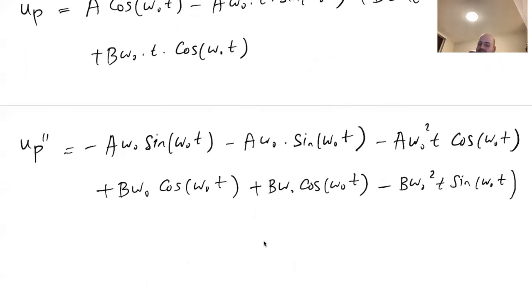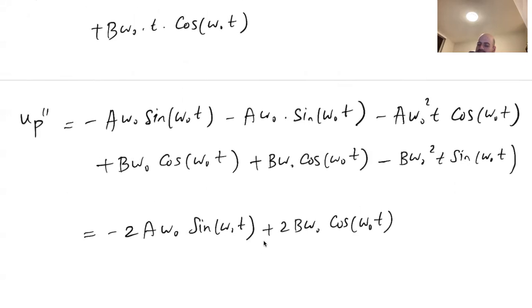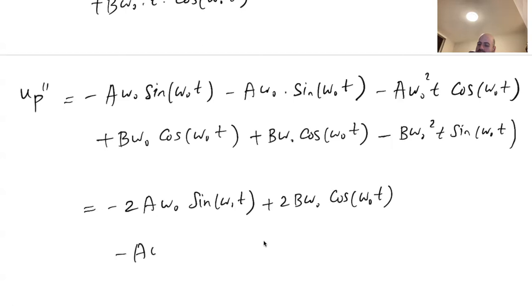And if I simplify it, I can write it as minus 2a omega naught sine omega naught t plus 2b omega naught cos omega naught t minus a omega naught squared t cos omega naught t minus b omega naught squared t sine omega naught t.